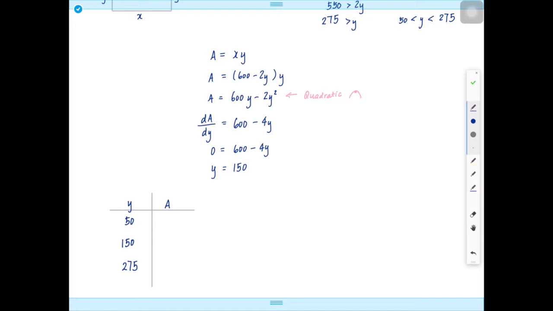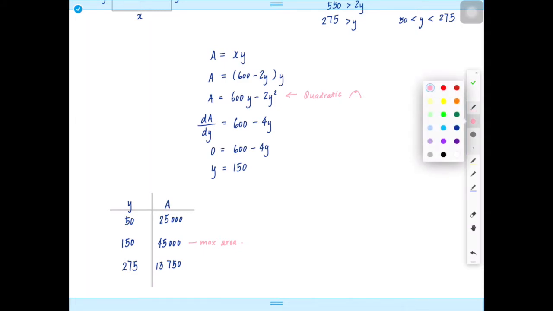So when you do this calculation, I believe you're going to get 25,000, 45,000 for area, and 13,750. Okay. Indeed, using this chart, we know that this is the maximum area.